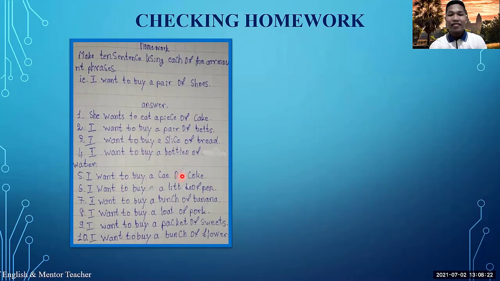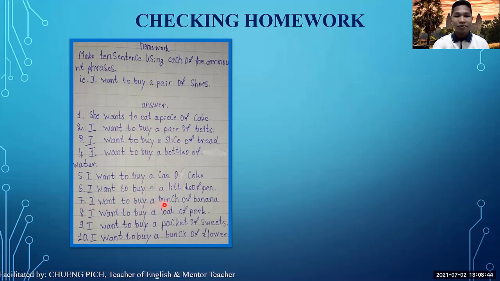It's okay, a can of Coke, right? That's right. I want to buy a liter of pen. This one you have to consider as well, because this is your private task. I will chat with you personally and make a modification on this one.